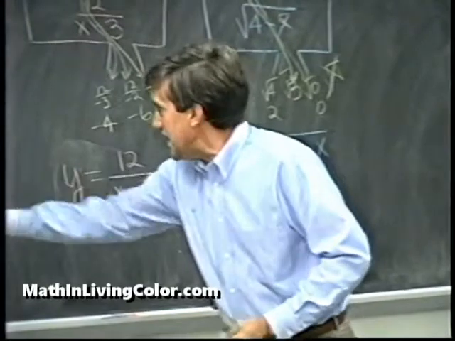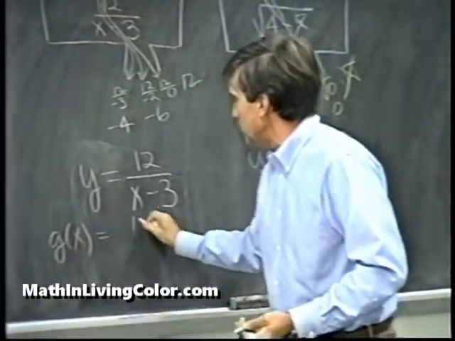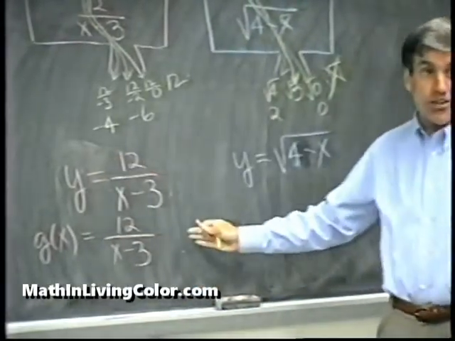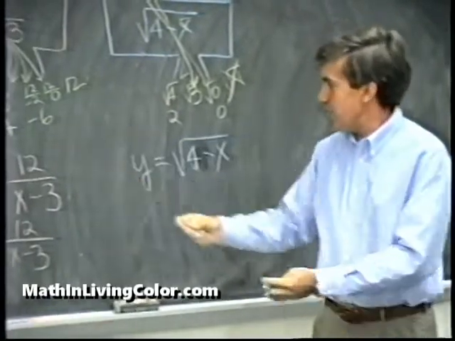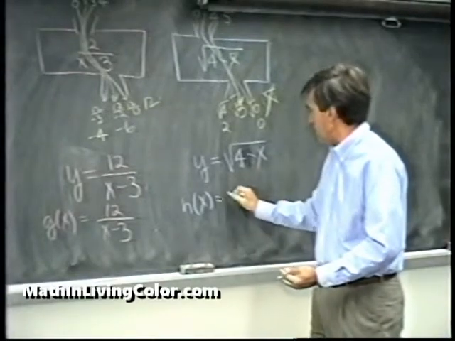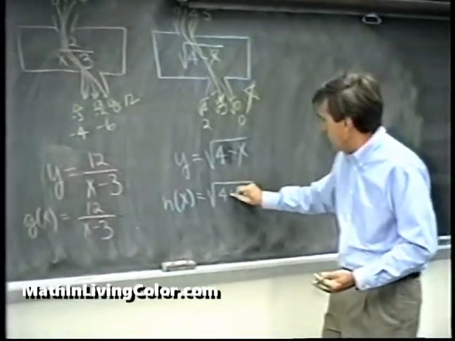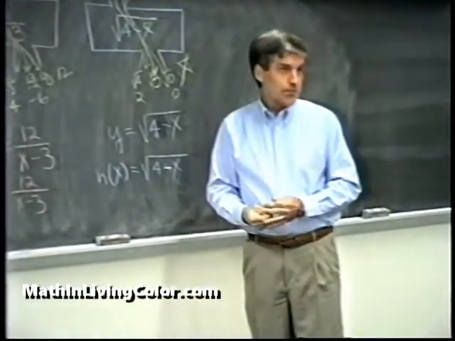Instead of saying f, we could say g of x is equal to 12 over x minus 3. And after f and g comes what? h. We could call this h of x is equal to the square root of 4 minus x. Just to give you some examples of the notation that we're using here.